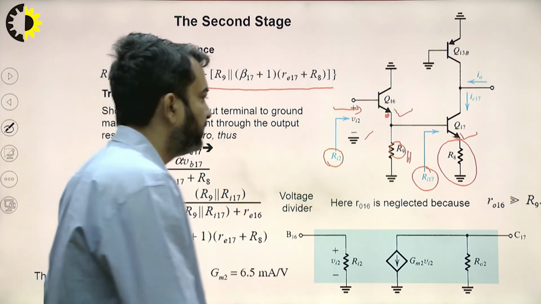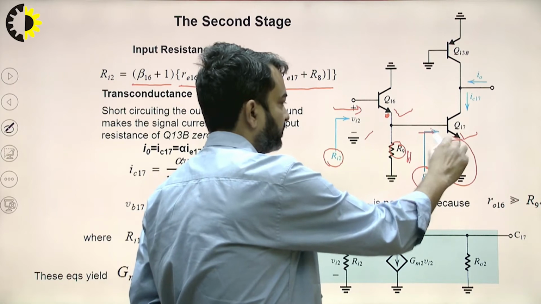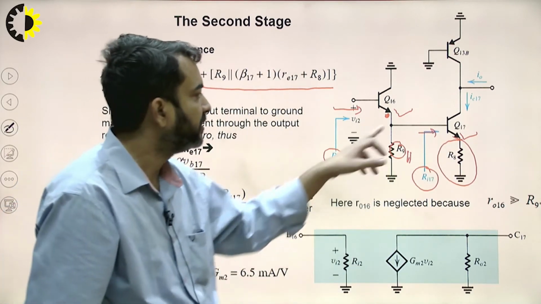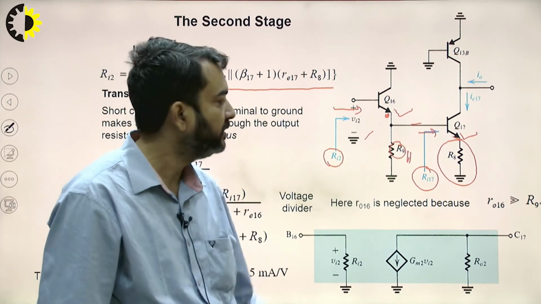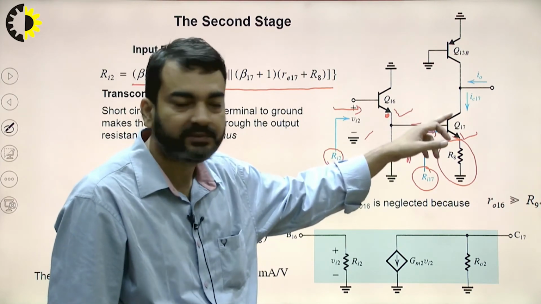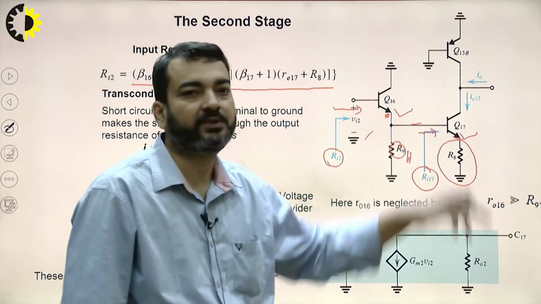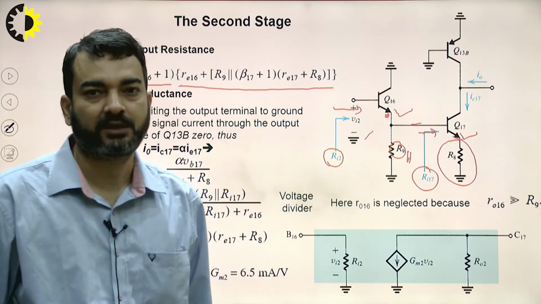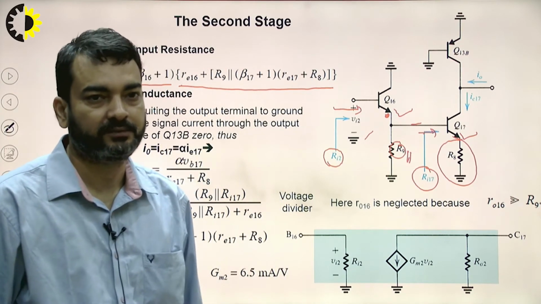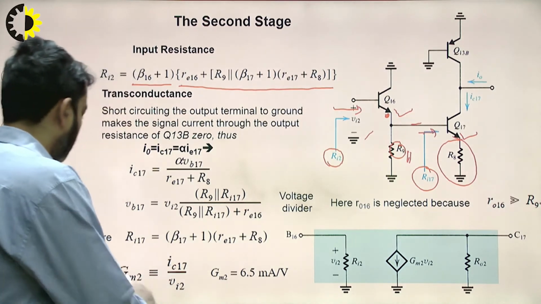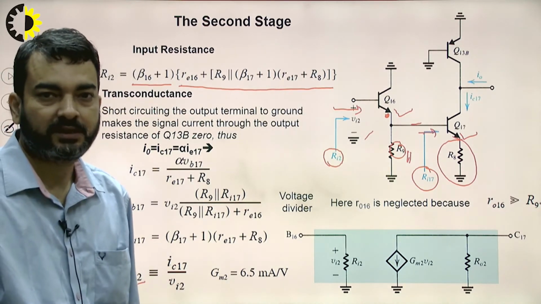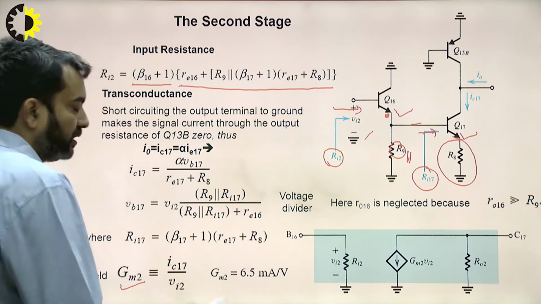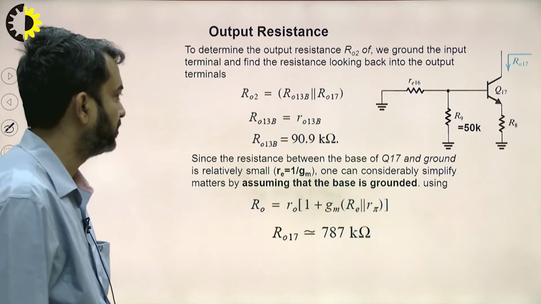So Ri17 is nothing but again the impedance looking into the base of transistor Q17. So it will be again 1 plus beta times the net resistance present in the emitter branch of transistor Q17. Here we have calculated the short circuit transconductance and then the output resistance also.